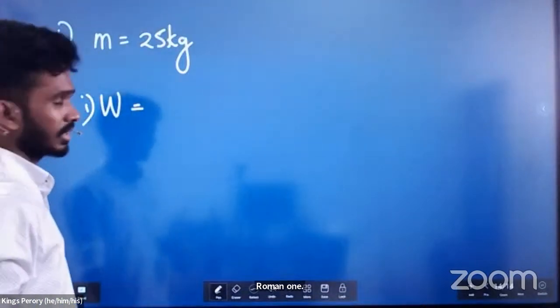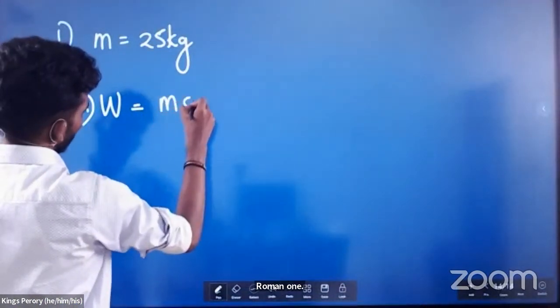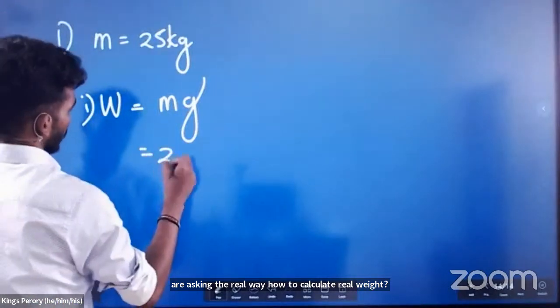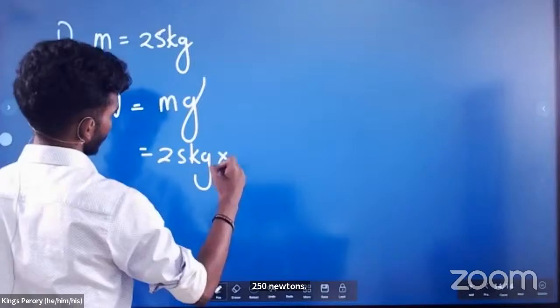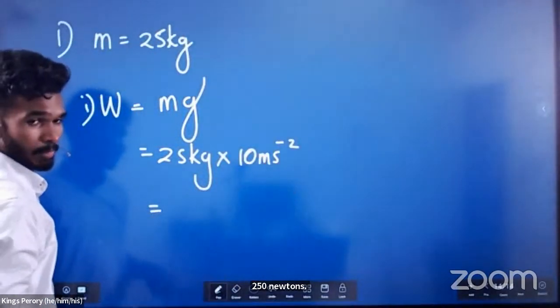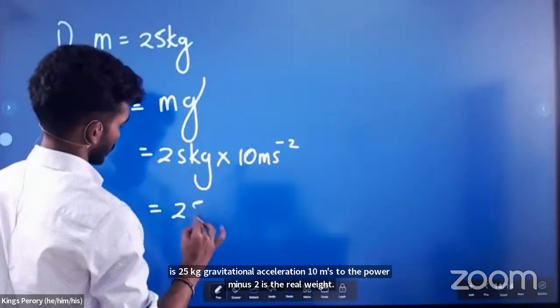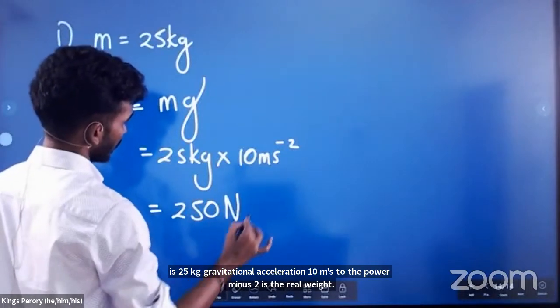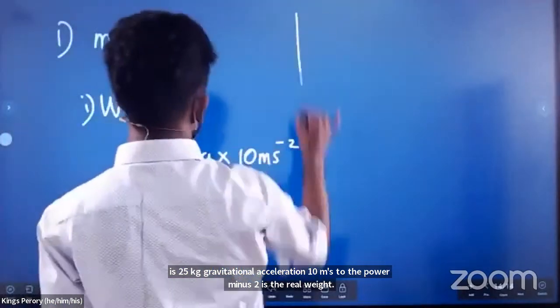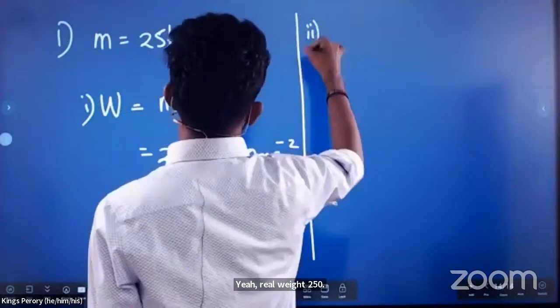How to calculate real weight? Multiply the mass by gravitational acceleration. Mass is 25 kg, gravitational acceleration 10 m/s squared. What's the real weight? 250 Newton. Real weight is 250 Newton.